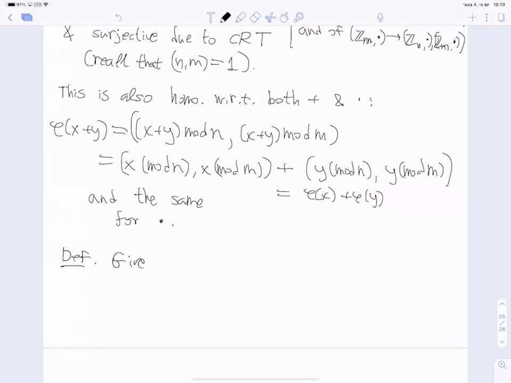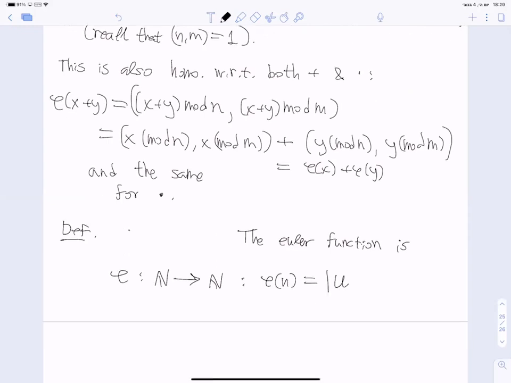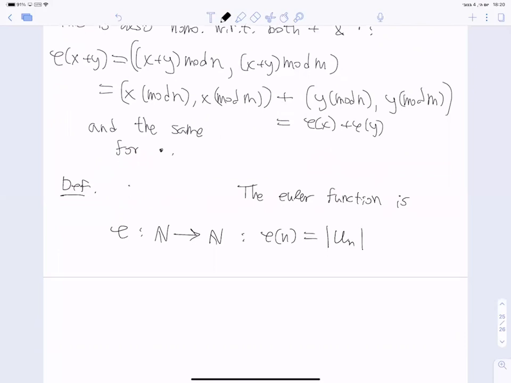Given n, a natural number, the Euler function is phi from N to N. Phi of n is the number of elements in the Euler group. This is the definition.